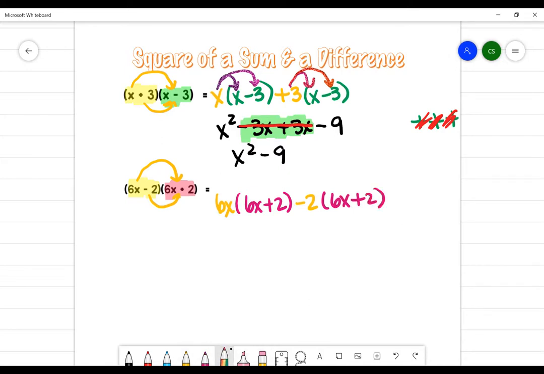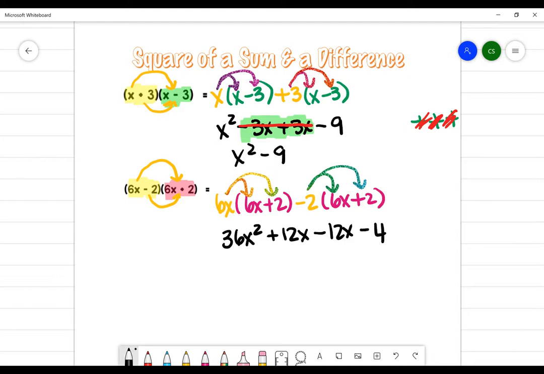So distribute 6x to positive 6x. Remember, multiply the coefficients. 6 times 6 is 36. Add the exponents. 6x times 2. Multiply the numbers. Positive 12. How many x's? 1. Now go to the next set. Negative 2 times 6x gives me a negative 12x. And negative 2 times a positive 2 gives me a negative 4.